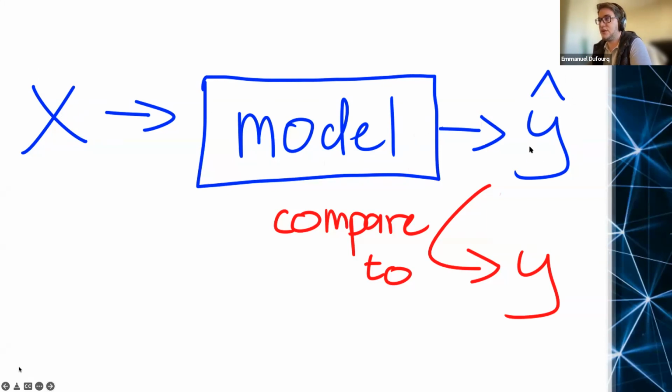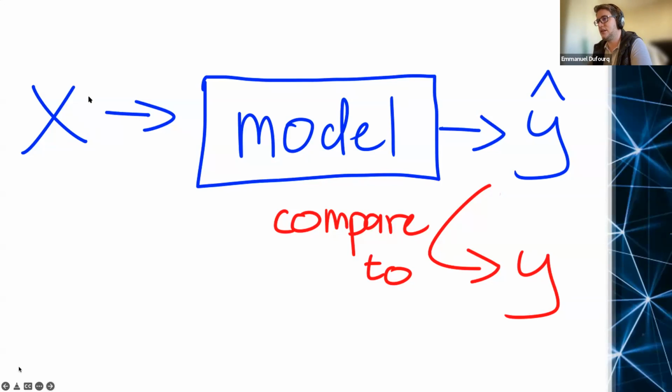If it's a classification problem, it will predict the classes. If it's a regression problem, it will output some numbers. And we call the model predictions y hat. So what we want to do is compare the model prediction y hat to the correct values. And the correct values are typically denoted as y.